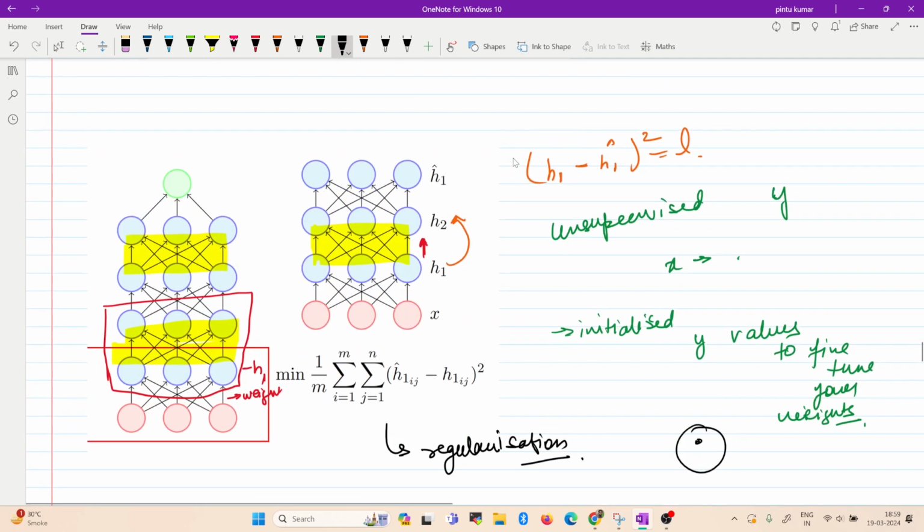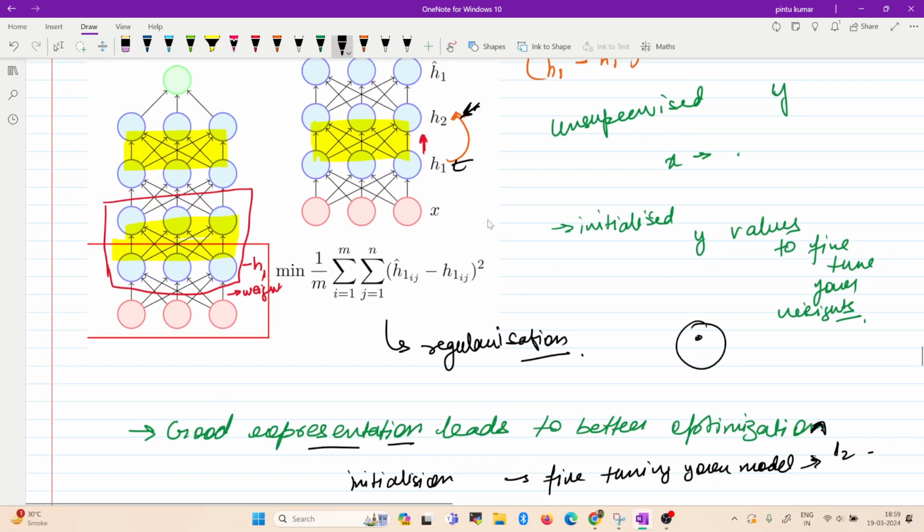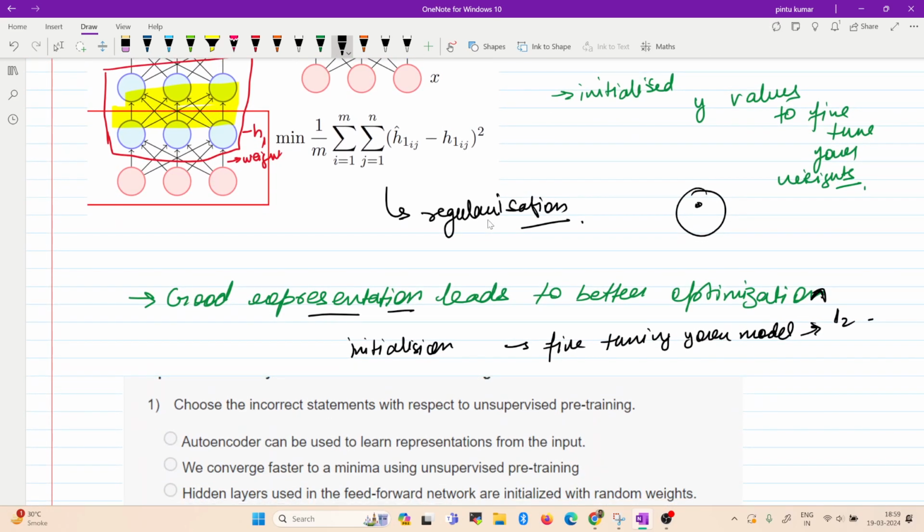You won't be able to move very far from a setup where the intermediate layers have a good representation. In this way, it helps you even regularize your model. So there are two advantages of this pre-training: it helps you in better optimization, and implicitly it also helps you in some sort of regularization.